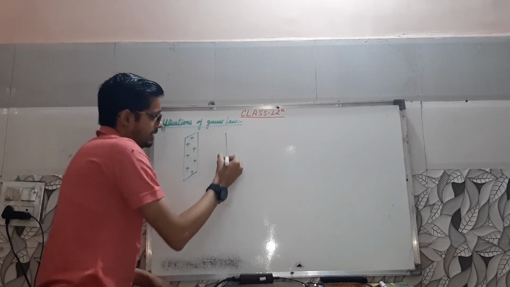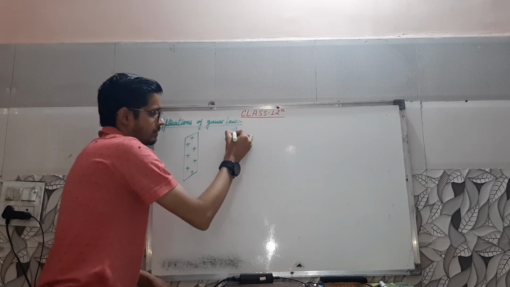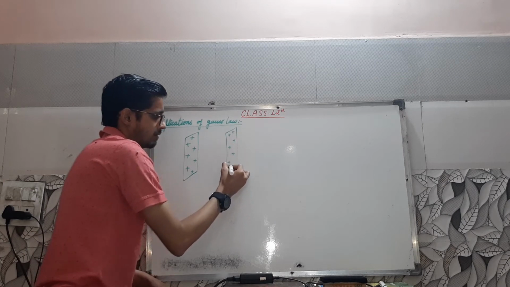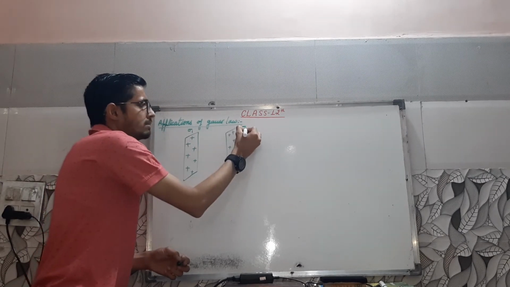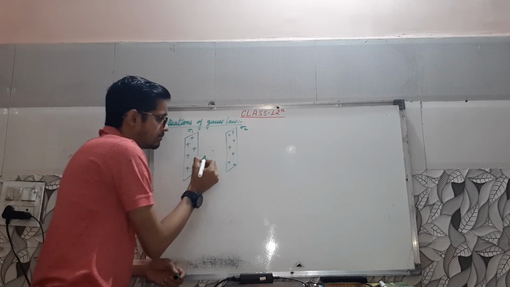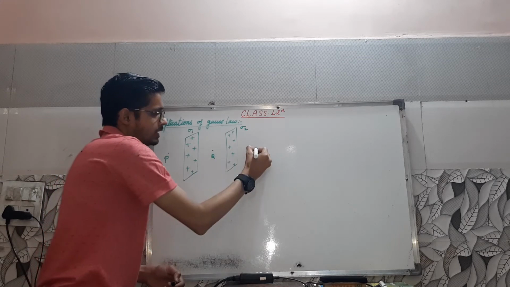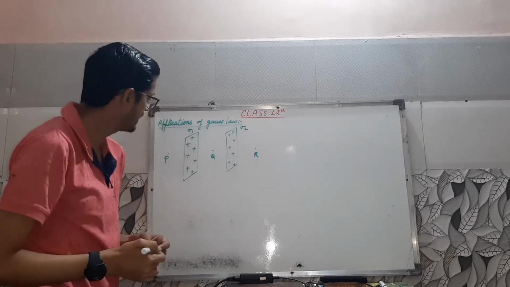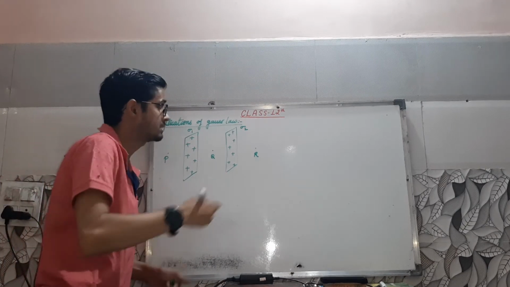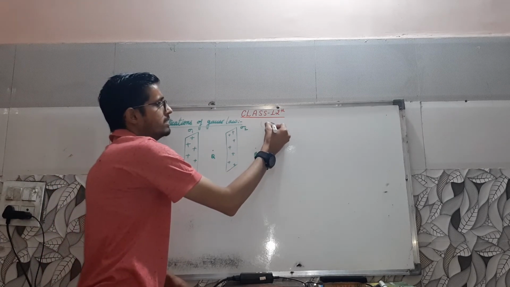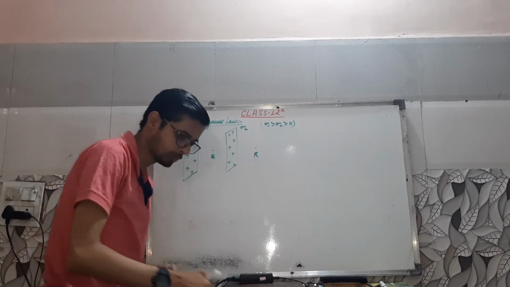Suppose this surface density is sigma 1, this is sigma 2. Let us say this is point P, this is point Q, this is point R. Now what is the electric field at P, Q and R? First thing, you must note sigma 1 is greater than sigma 2 and both of them are greater than 0.